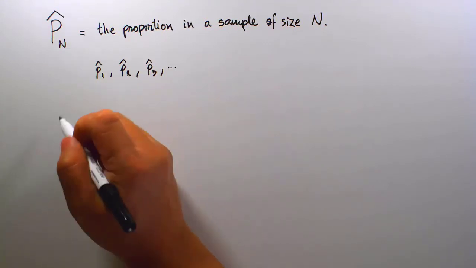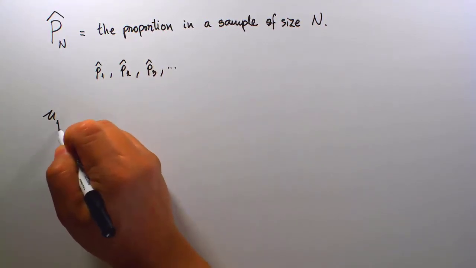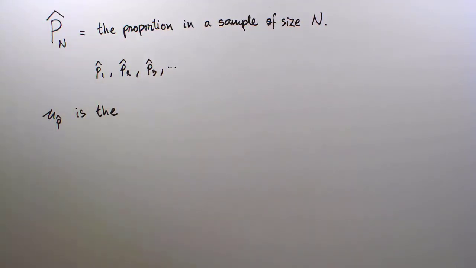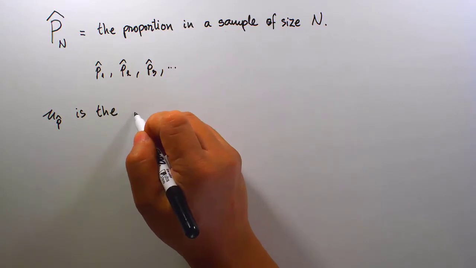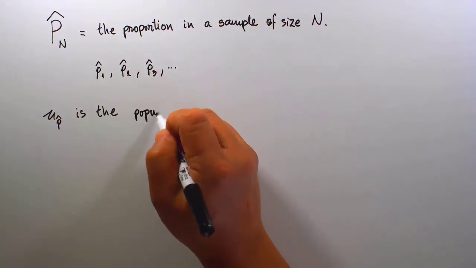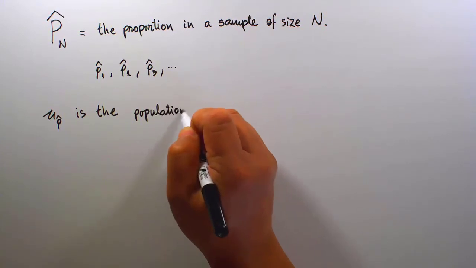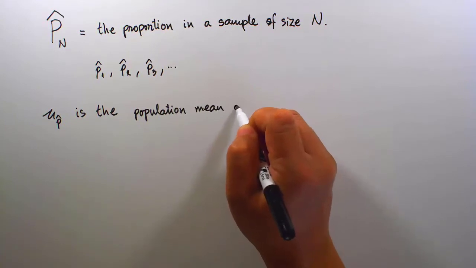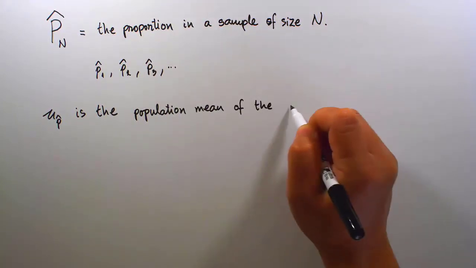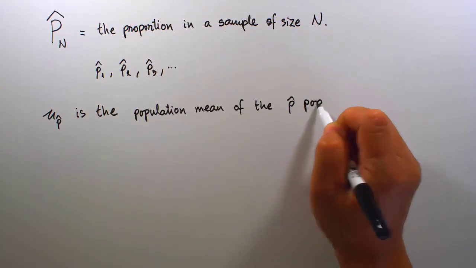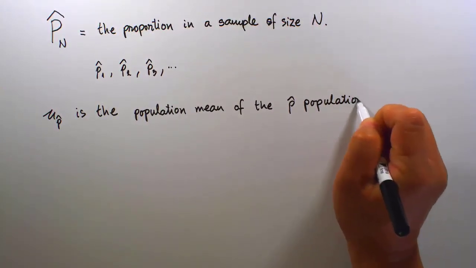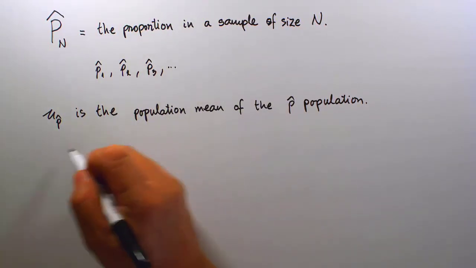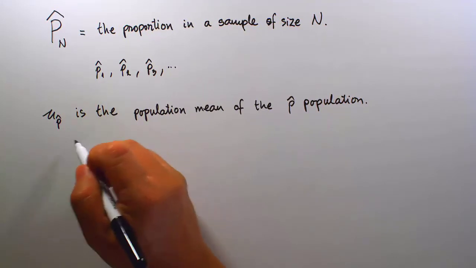And so mu p hat is the population mean of the p hat population. How's that? And this p hat population, in other words, this is the mu p hat here.